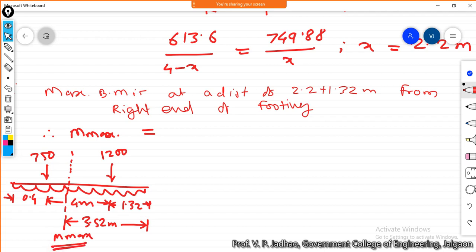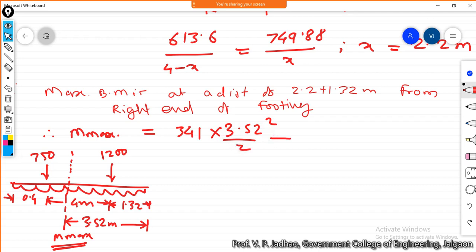So M max will be equal to, let us consider the right portion, therefore this will be 341. The bending moment due to this upward soil pressure will be positive, that will be 341 into L square, that is 3.52 square divided by 2.